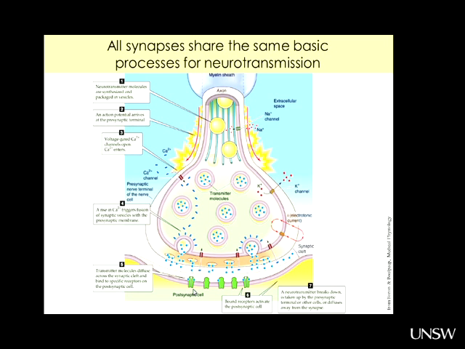So that sequence is always the same: we've got voltage-gated sodium channels, voltage-gated calcium channels, some processes that cause vesicle fusion, release of neurotransmitter, binding of the transmitter to a ligand-gated channel, it opens to let sodium in again, and we've got depolarization spread again by voltage-gated sodium channels.